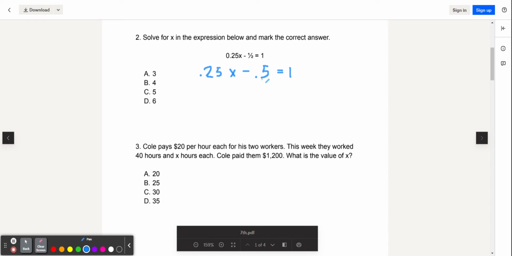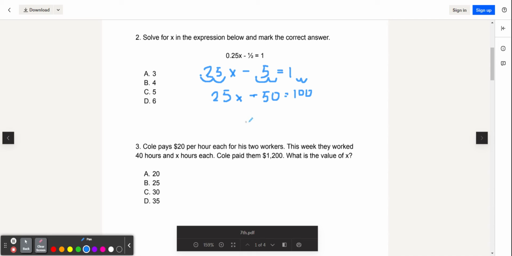We're allowed to do this because we're doing it to both sides, so it doesn't matter. If we multiply 0.25x by 100, we get 25x. You can think of it as moving the decimal point right two places. Similarly here, minus 50 equals 150.